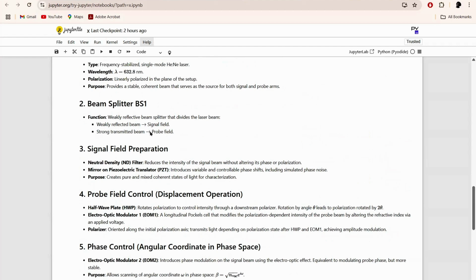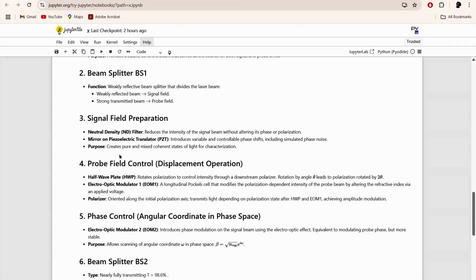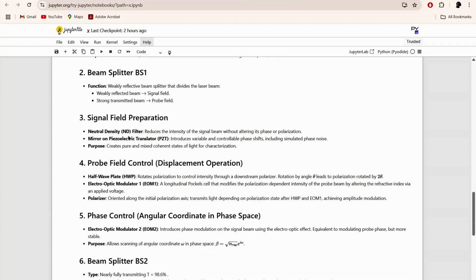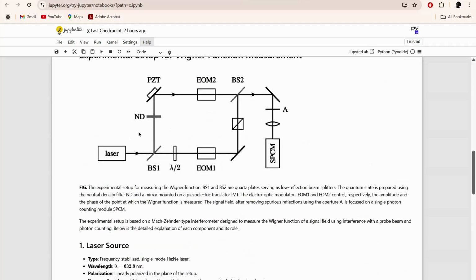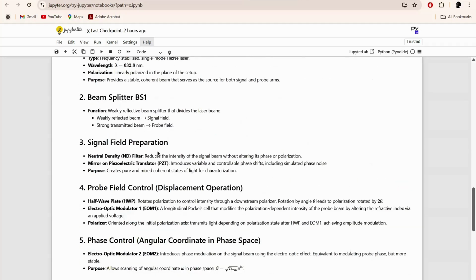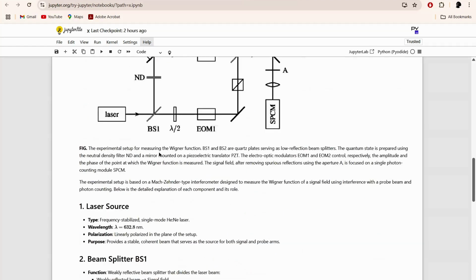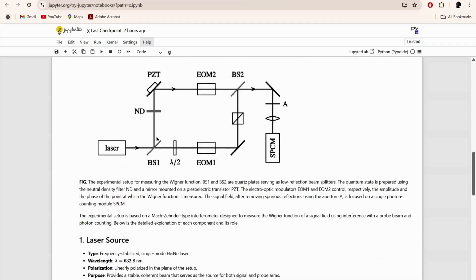The weakly reflected beam is known as the signal field, of which we have to find out the Wigner function. Now we have placed a neutral density filter, or ND filter, here, as you can see. It reduces the intensity of the signal beam, and it doesn't alter the phase or the polarization of our weakly reflected beam.